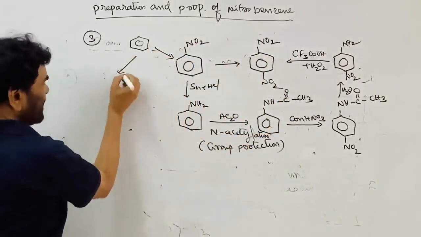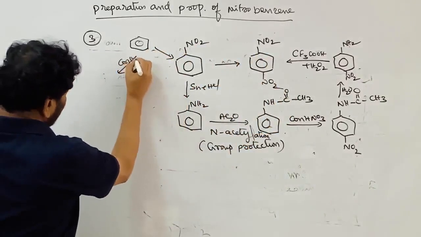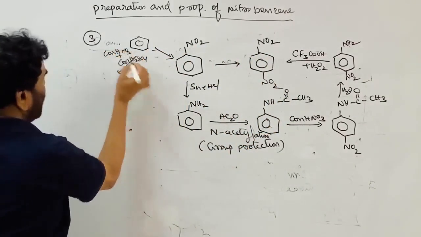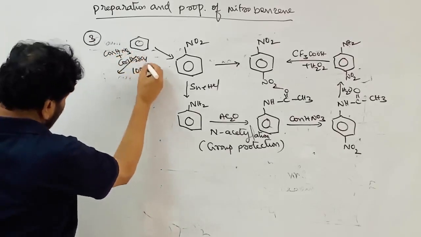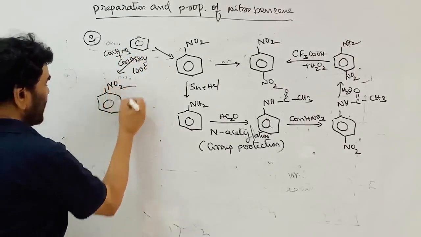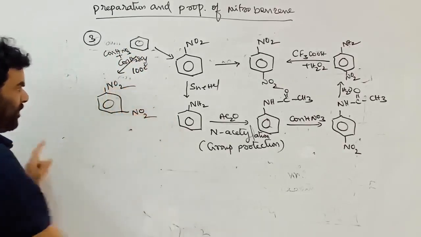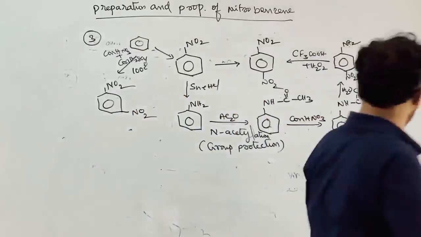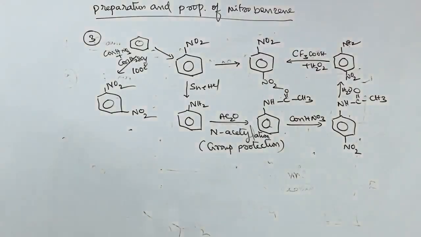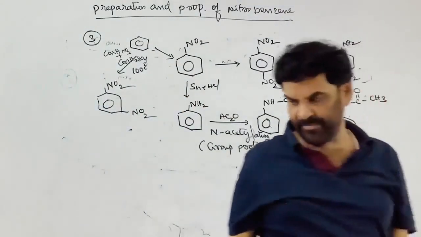Just by treating with concentrated HNO3 plus H2SO4 around 100 degrees Celsius you directly get 1,3-dinitrobenzene, metadinitrobenzene. This is para-dinitrobenzene. These are the different ways of preparation of nitrobenzene.